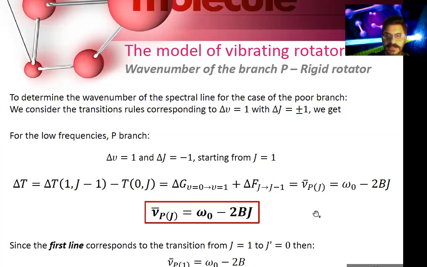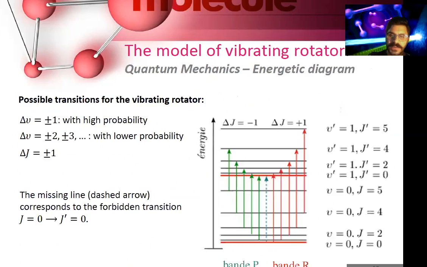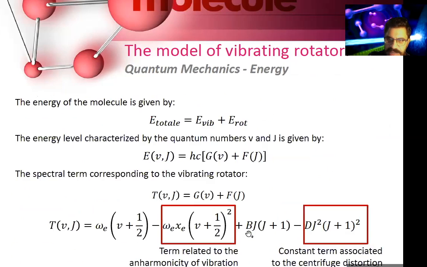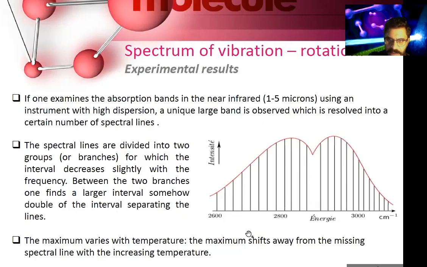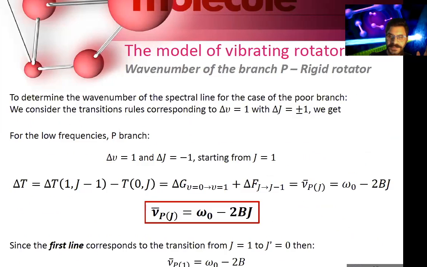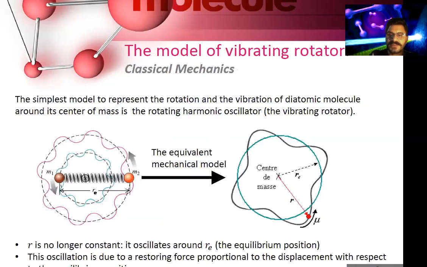And we call that the spectral lines of the P band. So these are the spectral lines that will appear here. Each line will have a wave number, with index P to say it's the P band, the P side, that is equal to ω0 - 2BJ.